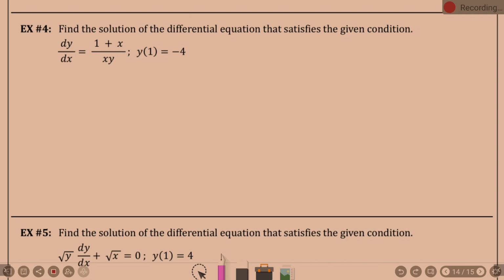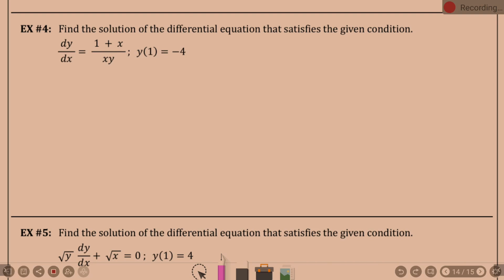Okay, 4. Find the solution of the differential equation that satisfies the given condition. Well, can we start by just getting them out of fraction form first? Because there's a slight difference on this one, isn't there?